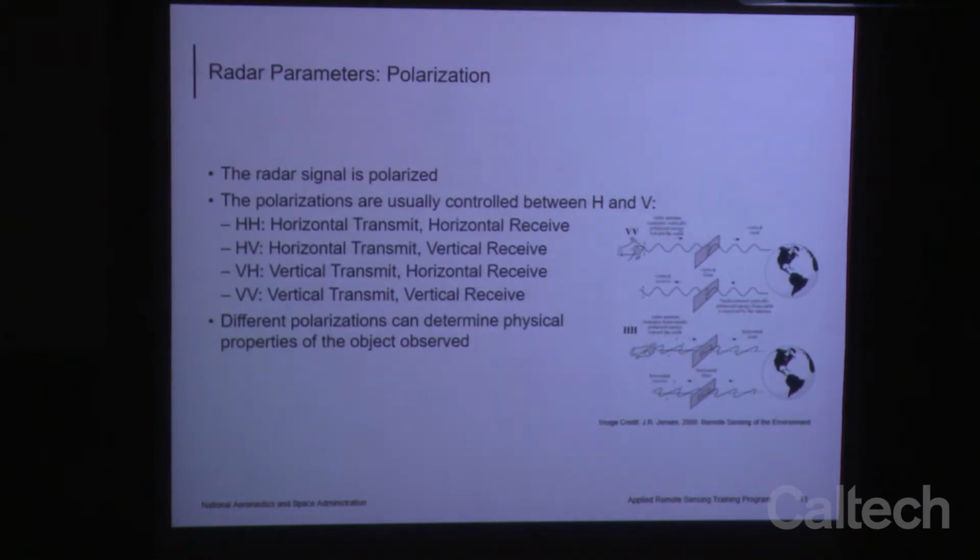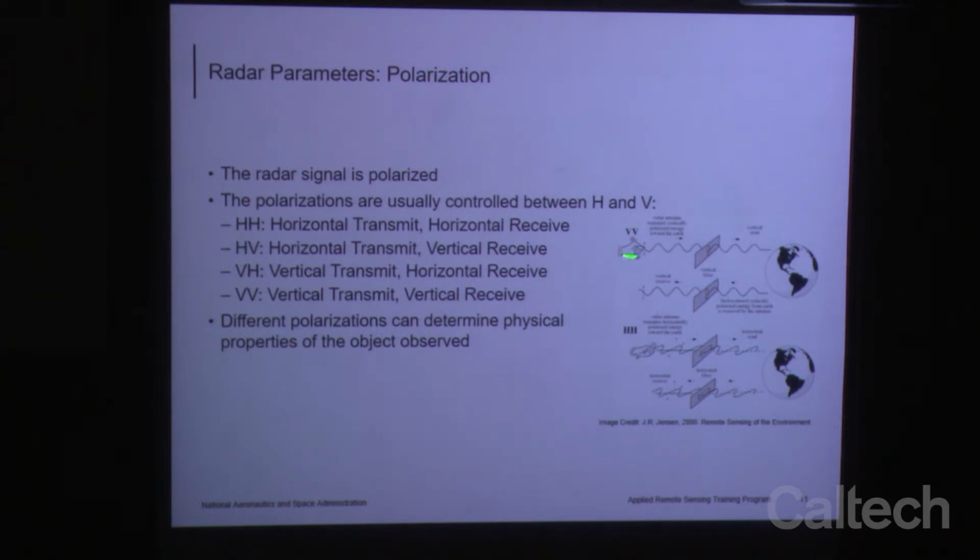The other aspect of radar that is of critical importance is polarization. So radar signals being coherent, we can control the polarization of the transmitted wave, and we can also receive polarizations in different configurations. What the polarization refers to is simply the relative direction that the electric field vector points relative to the wave propagation.